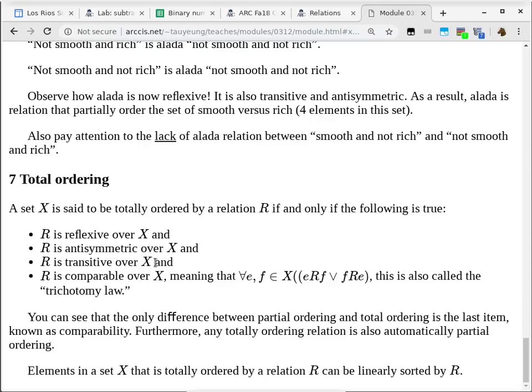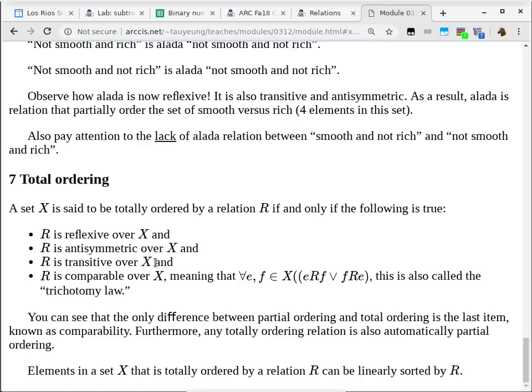What does that mean? Any two things are related. Every two things that you can pick out of the set X, they are related. Now, which way are they related? Well, that's up to you. But they have to be related. And this is the extra requirement on top of partially ordered.